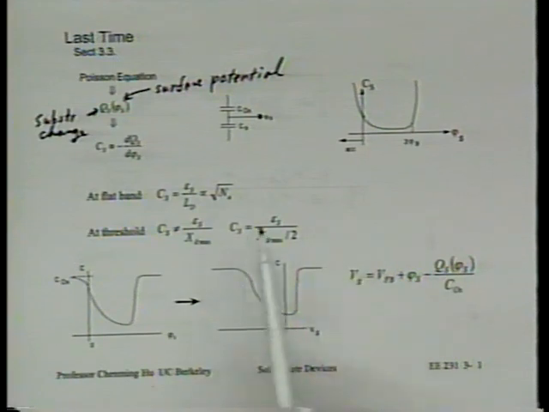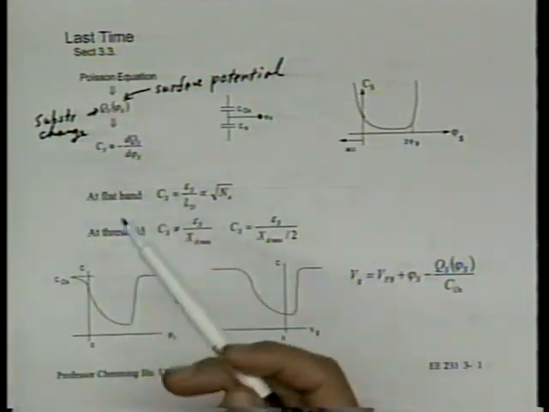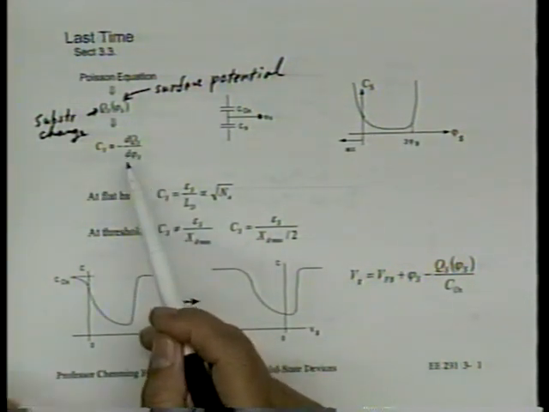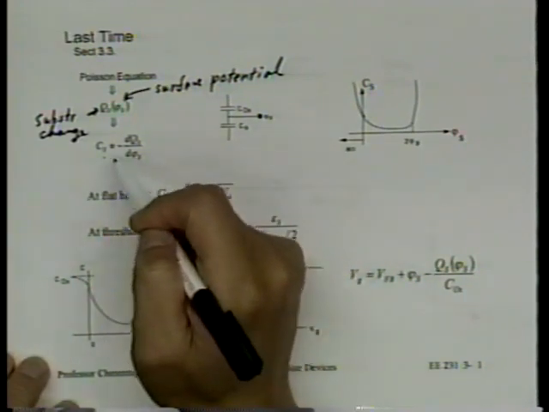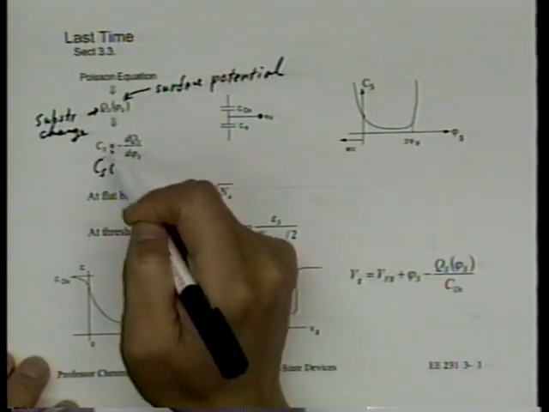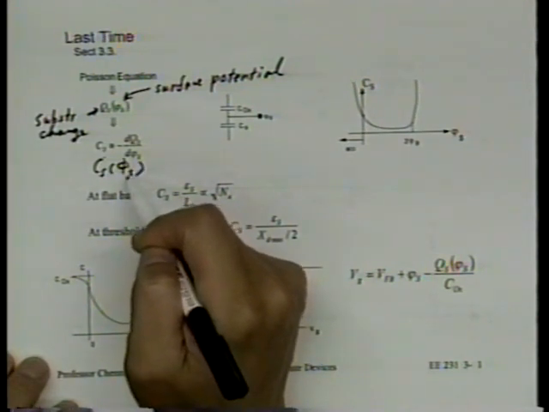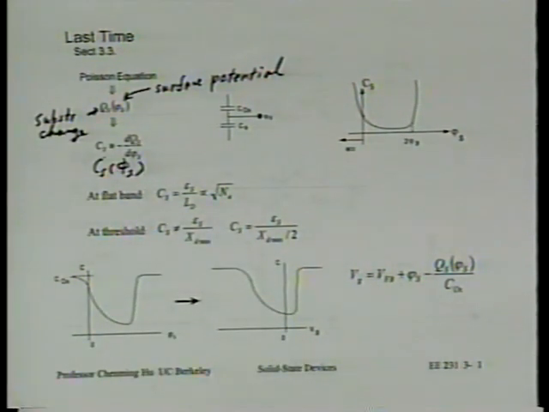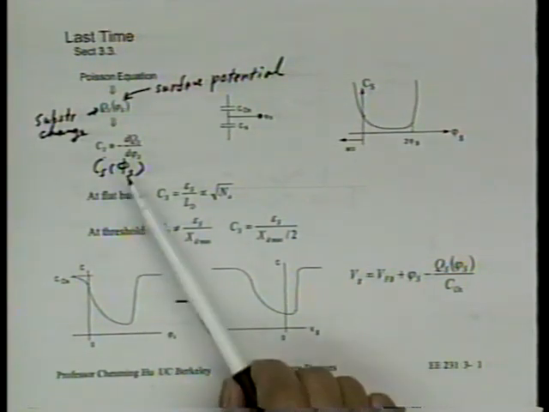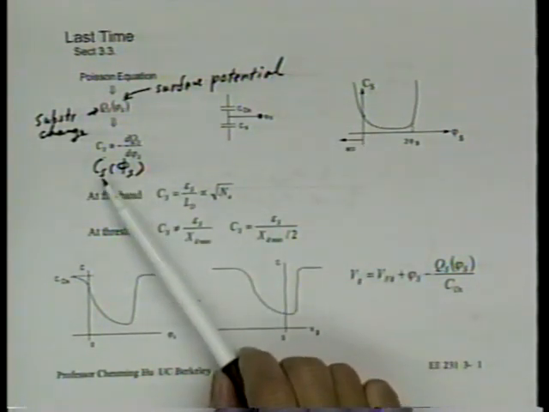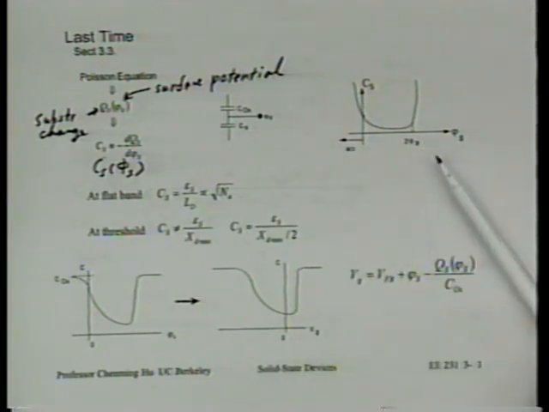And if we plot this capacitance, since we know QS is a function of phi s, therefore we know CS is a function of phi s, right? We simply differentiate that QS once, we get CS as a function of phi s. It's also an exponential function, even more complicated, involving a square root term. And if we plot that CS as a function of phi s, we get this. This is the general shape.